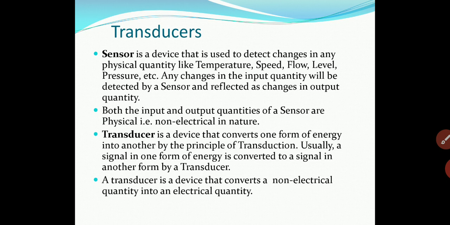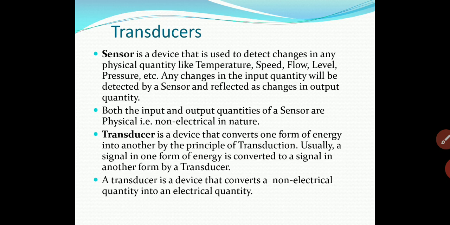Usually, a signal in one form of energy is converted to a signal in another form by a transducer. In terms of electrical instrumentation, a transducer is a device that converts a non-electrical quantity into an electrical quantity. So, it is the basic difference between the transducer and sensor.